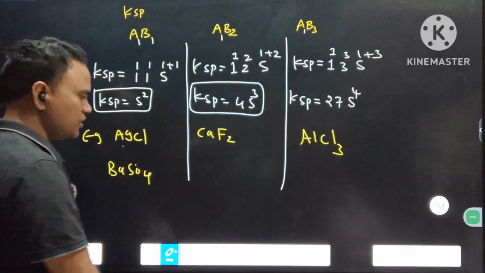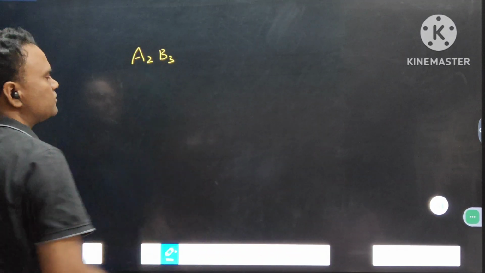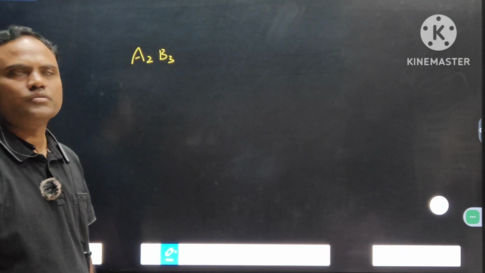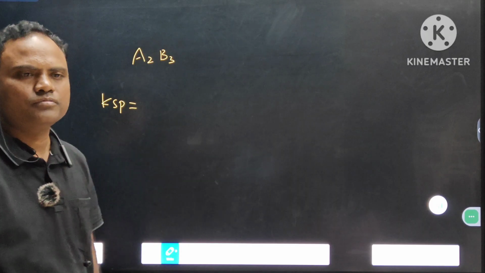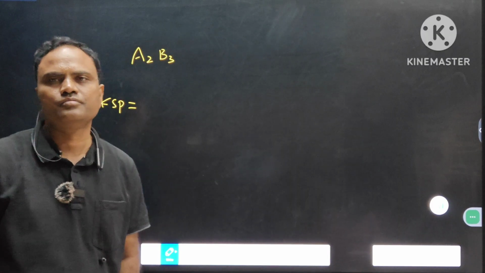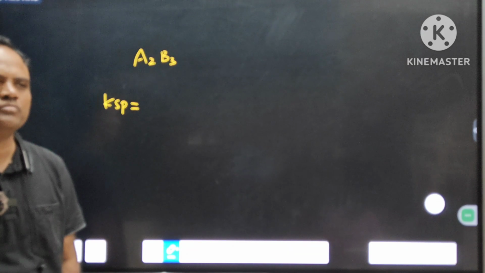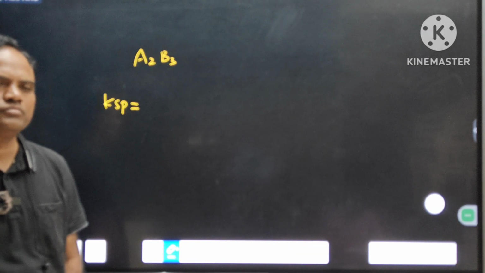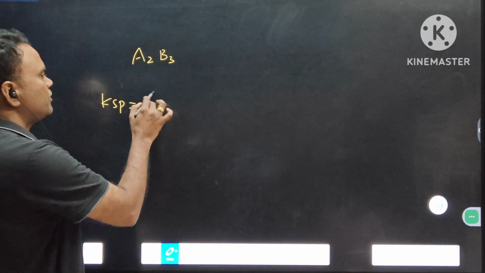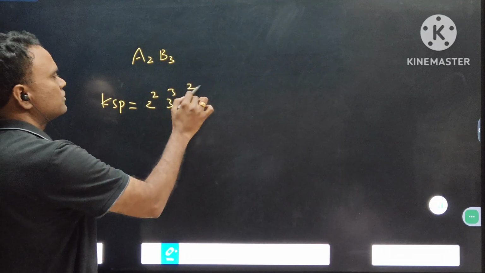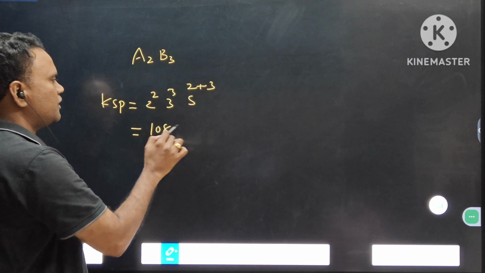Now you tell me, solubility product for A2B3 type. What is the Ksp value? 2 power 2, 3 power 3, 108 S power 5.